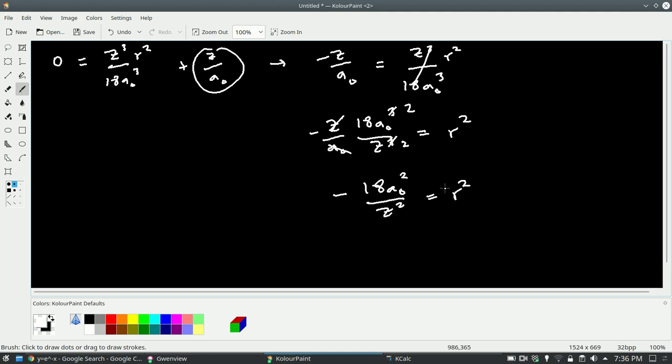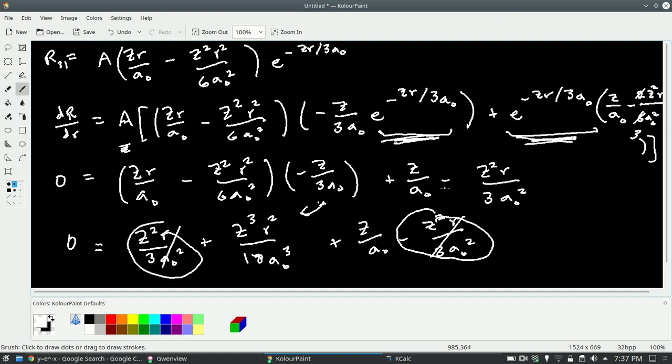And now I have a problem because I need to take the square root of both sides, and that is going to give me an imaginary number, which is not what I wanted. I wanted a real number. Since we are dealing with a physical problem, I need to have a real solution for the r. That means I have done something wrong here. So I will pause this and figure out what I have done wrong.